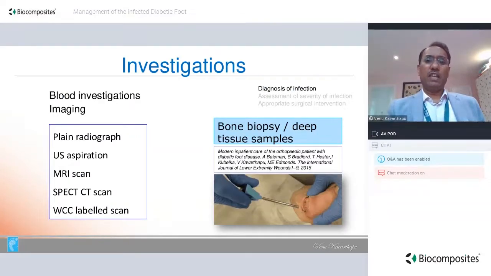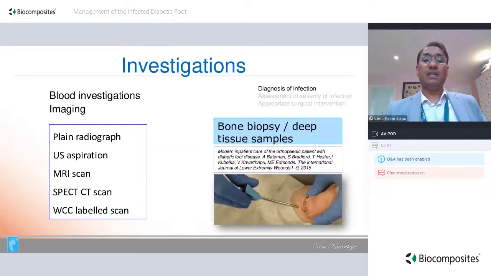So for diagnostic purposes, if that infection is predominantly soft tissue, then certain routine investigations, including blood investigations and imaging, are helpful. But if you suspect a deep infection or osteomyelitis, in addition to diagnosing the presence of such infection, it's really helpful to obtain a microbiological diagnosis through appropriate biopsies or deep tissue samples.